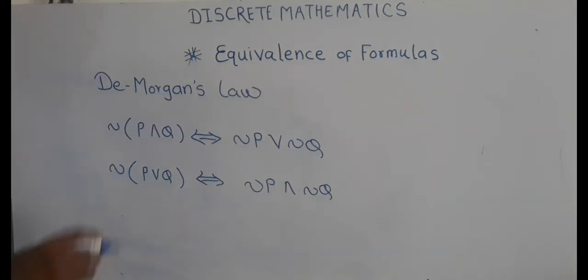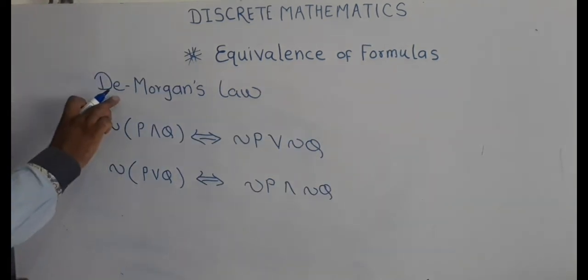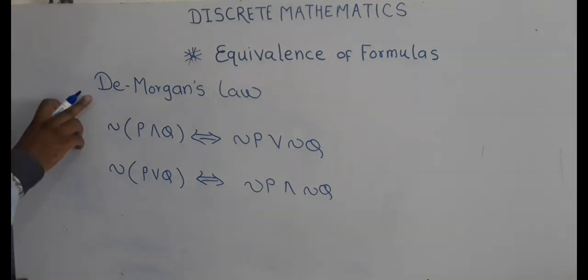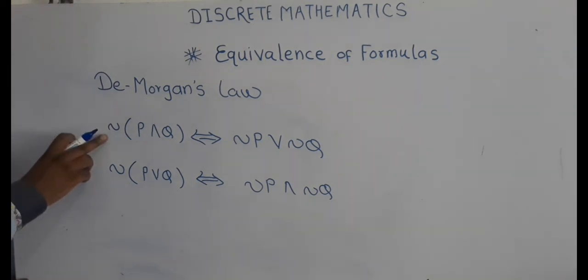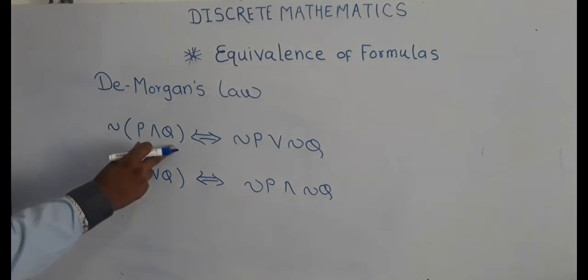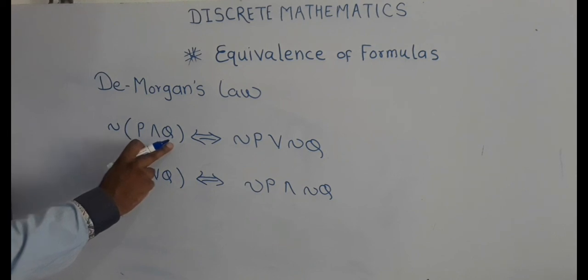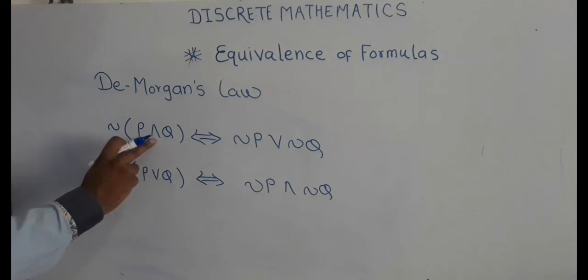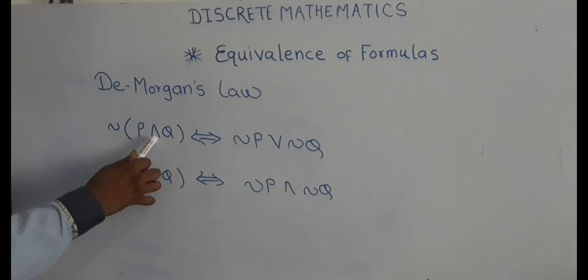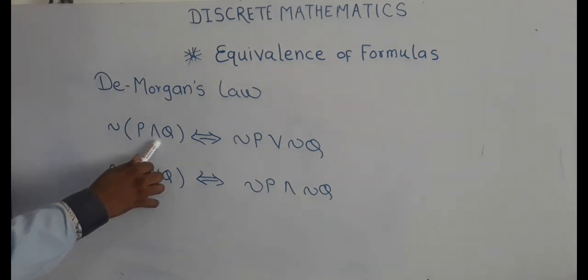Over here we have one additional law, that is De Morgan's law. De Morgan's law is used for negation. Suppose we have the negation of P and Q. Now we have to distribute this negation, that is not, with the P and with the Q. Then the symbol which is inside the bracket will change. The AND will be replaced by OR and OR is replaced by AND.